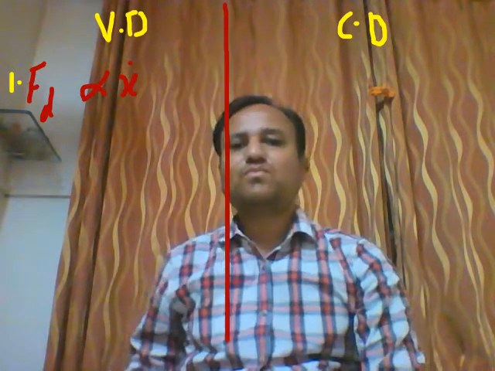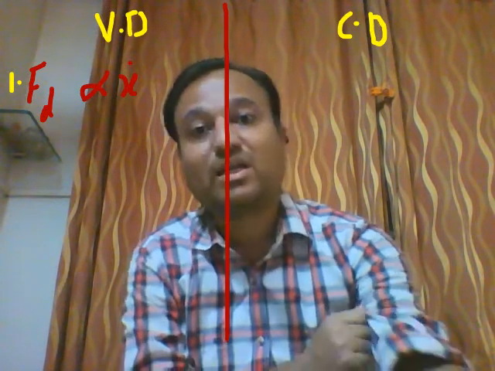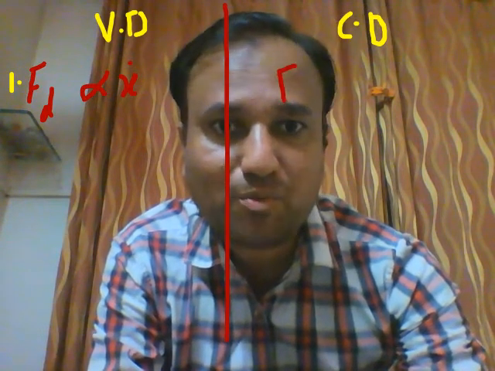Let Fd be the damping force. So Fd is Cx dot as per viscous damping. So damping force is directly proportional to the velocity of the damper. So here, in Coulomb damping, damping force is constant, student.